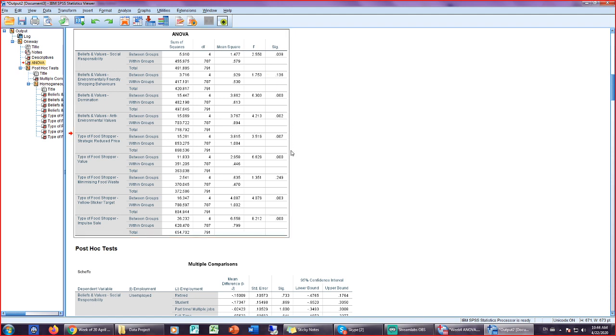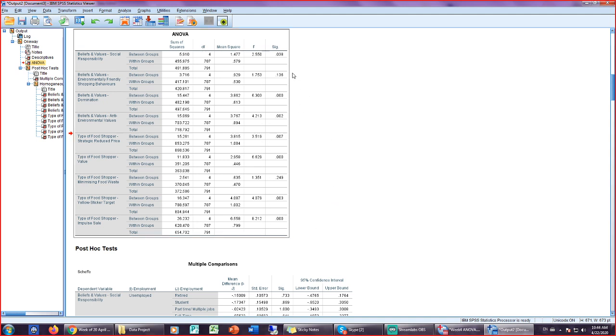For any of these values that is higher than 0.05, we know that there is no difference that our level of employment makes in terms of the beliefs and the values. So in this case, if you look down at this significance column, what you see is that most of them are significant.